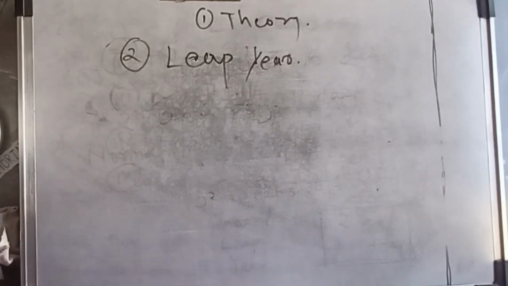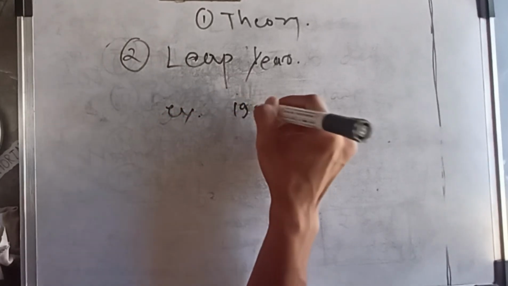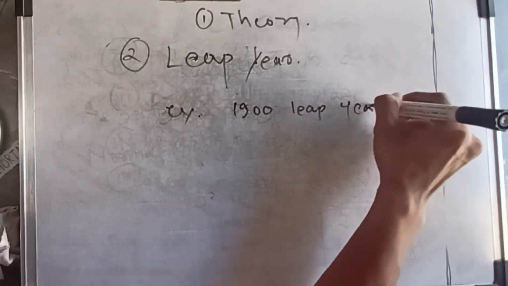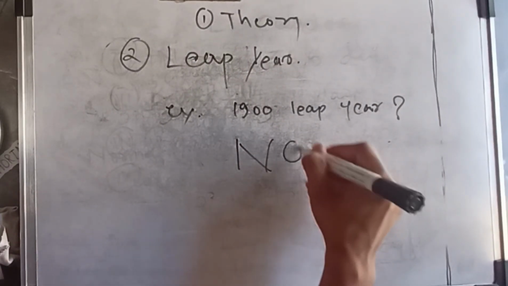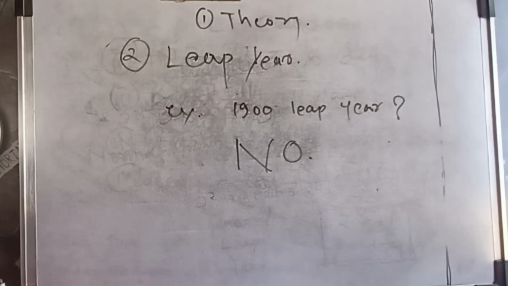Let me ask you a question: is 1900 a leap year? The answer is no, because there are two rules to follow while declaring a year as a leap year.